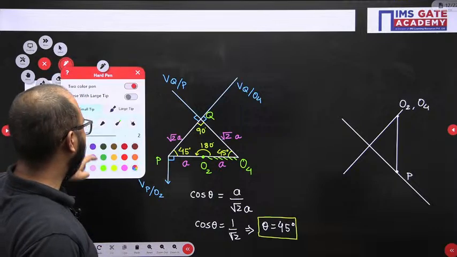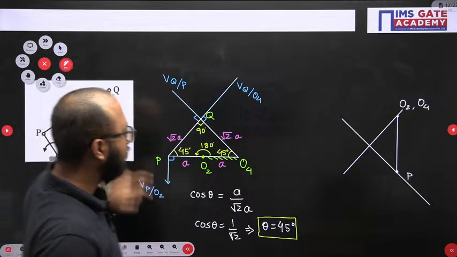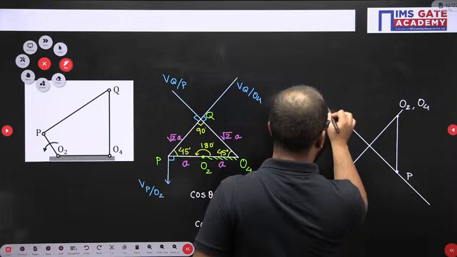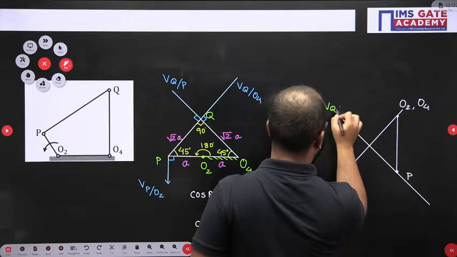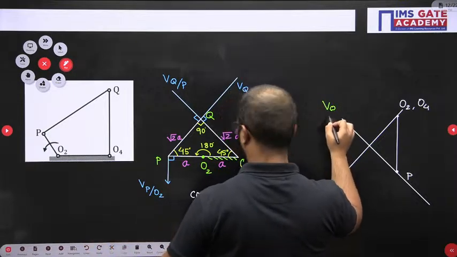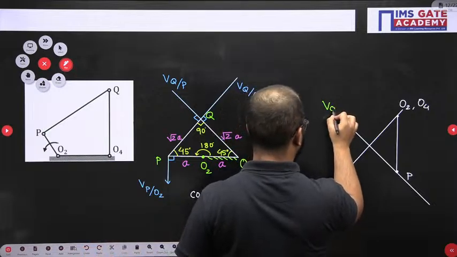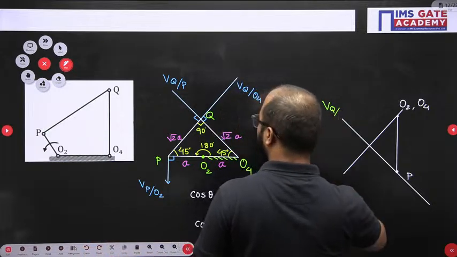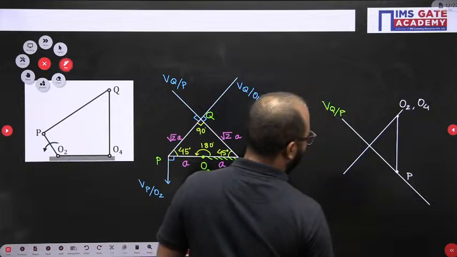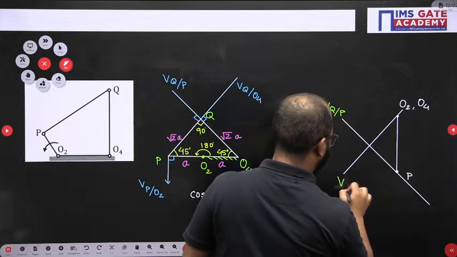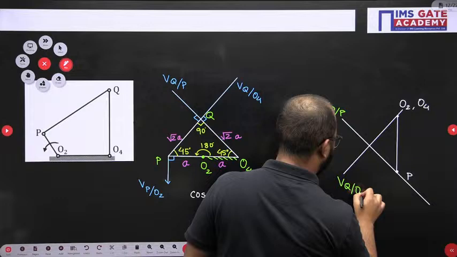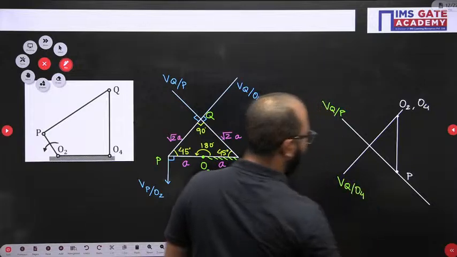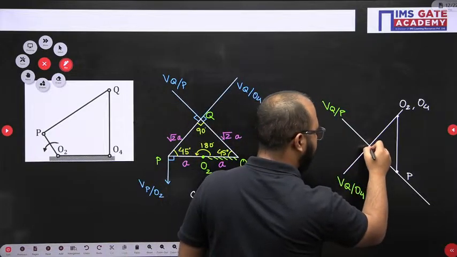Now, I will mention all the names here. First of all, I have mentioned this is Q with respect to P. And this was the velocity vector of Q with respect to O4. Both the vectors are intersecting at this point.